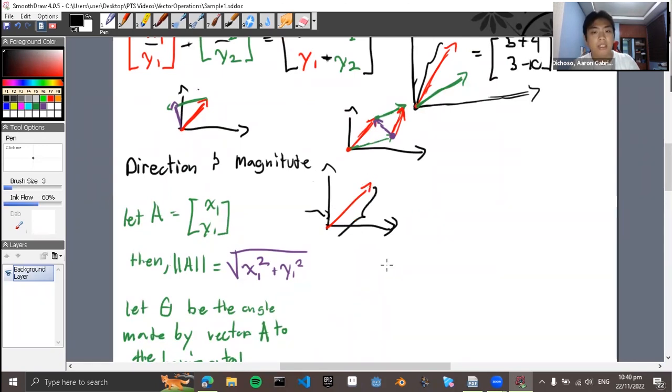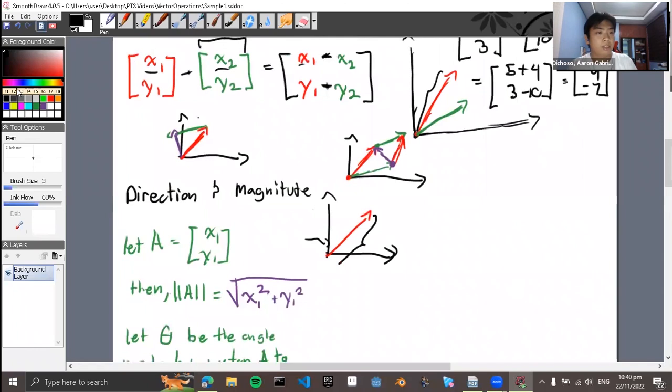And pangalawa, yung magnitude or how long is the vector. So let's think about it this way. A vector can be split into yung two parts nga na nakasulat dyan, the x component and the y component. So first, yung x component, ito. And the y component is ito.